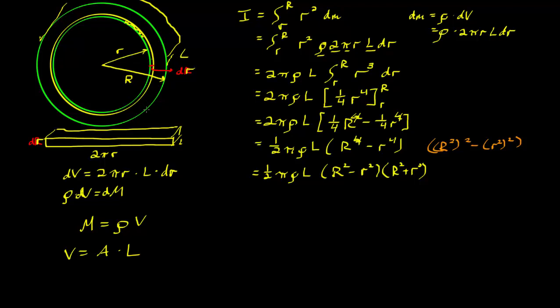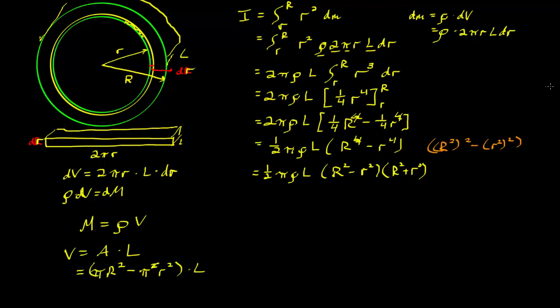So the area is going to be the area on the outside minus this area that's missing. So the area of the outside would be pi big R squared minus the area of the inside, which is pi little r squared, and all of that times length.